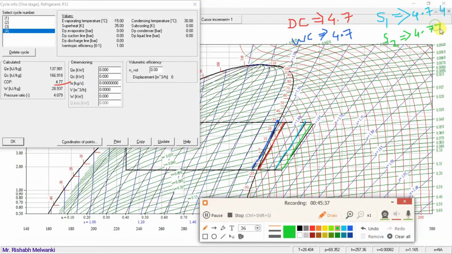So initially it was 4.7 for both wet and dry, and when I increase the superheat at the entry of the compressor, you see the COP has increased to 4.74, then 4.77. Meaning for a refrigerant like R12, superheating increases the COP. Now did you understand the comparison?